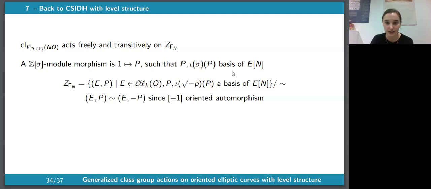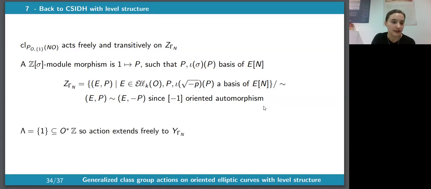Sigma in our case is square root of minus p. So really Z gamma is E together with a point P such that P and iota of square root of minus p of P is a basis of n torsion. And again, we have P equivalent to minus P due to minus 1 being an oriented automorphism. Again, we may wonder whether we can extend to a free action on Y gamma n, and the answer is clearly yes, because 1 is indeed contained in O star Z.